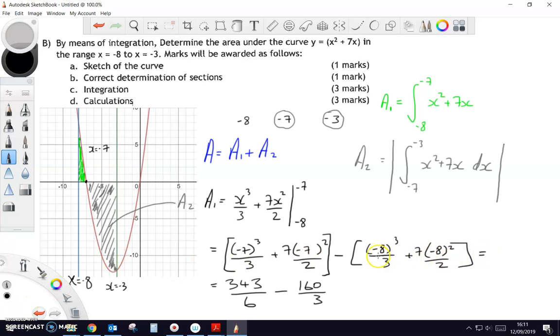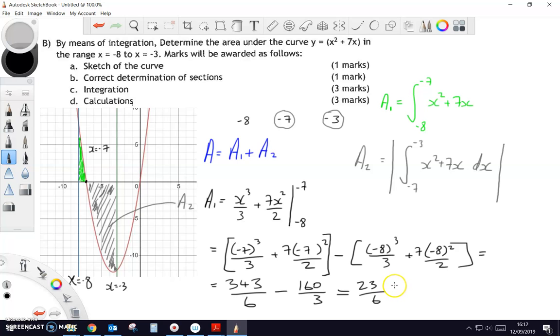I did the numbers there on this first bracket and got 343 over 6, and for the second bracket I got 160 over 3. So now I'm going to get 343 over 6 minus 160 over 3, and I got 23 over 6.